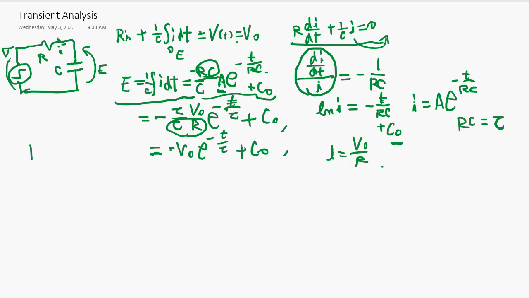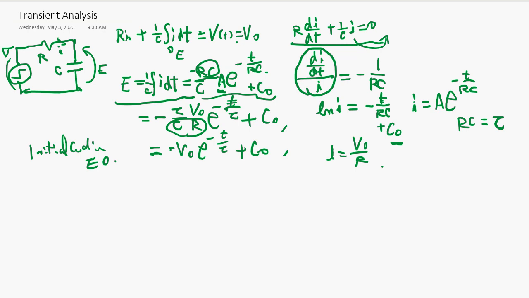The initial condition for E is 0, because when you turn on, the capacitor is pretty much a short circuit. So V is 0 as the initial condition.